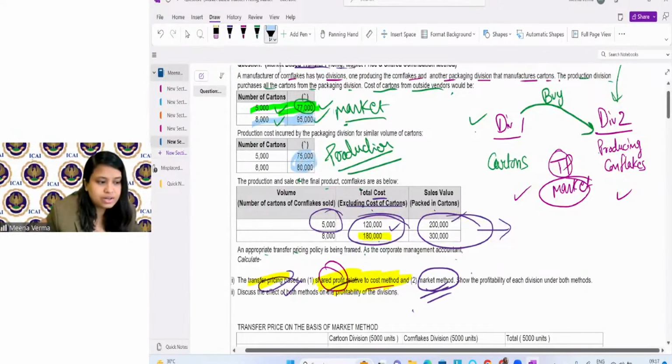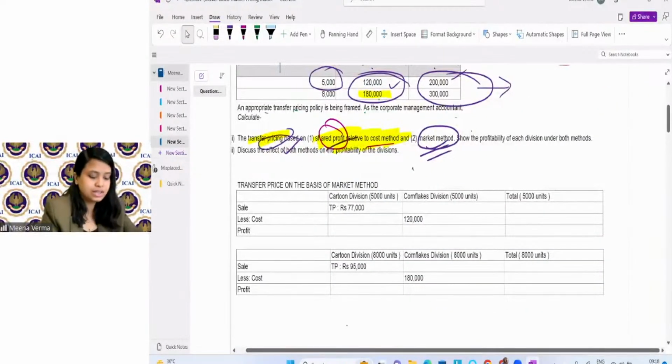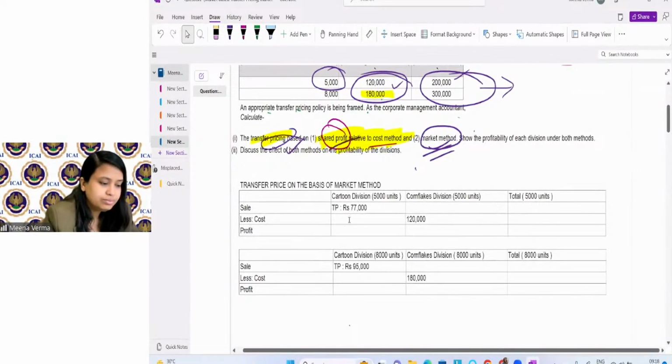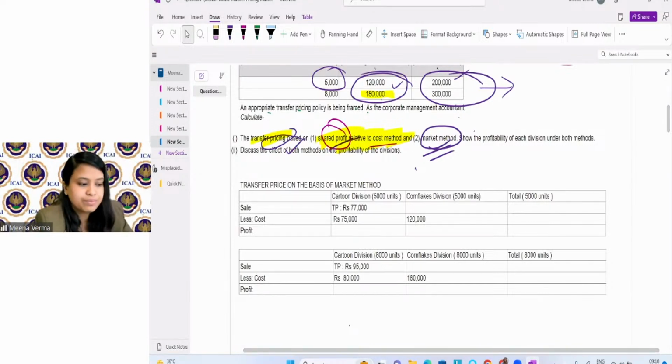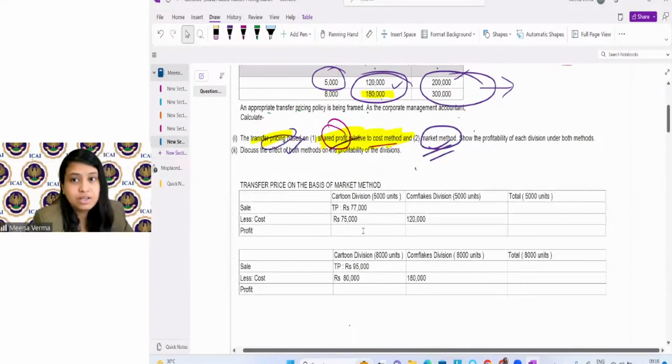The cost which we are incurring here is 75,000 and 80,000, right? So you can write these costs here. Rupees 75,000 costs you are incurring here and rupees 80,000 costs you are incurring here. Now the transfer price is already decided, and the cost is already given. So you can find the profitability in both the cases, 5,000 and 8,000, for the carton division.